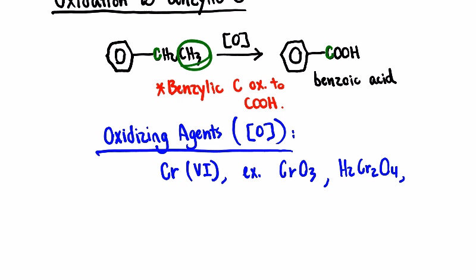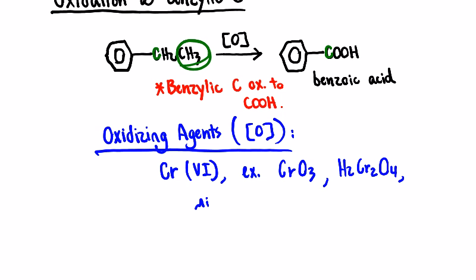We could also do a mixture of H2SO4, Na2Cr2O7, and water. That would give us chromium in the chromium-6 oxidation state, suitable for oxidizing.